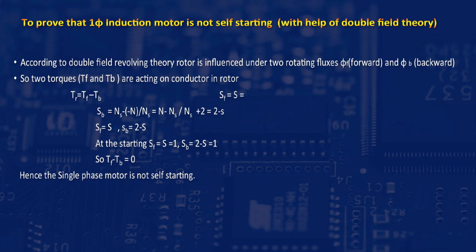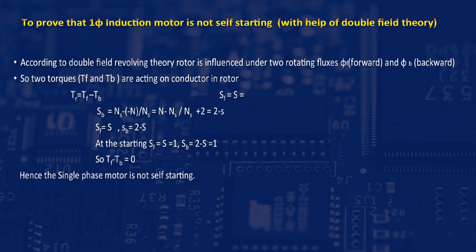Now, if we assume that the forward flux is rotating at a speed of n, then the backward flux will be rotating at a speed of minus n. Now, we substitute this in the formula for slip. What is slip? Slip is equal to the difference of the synchronous speed and the speed, divided by the synchronous speed.